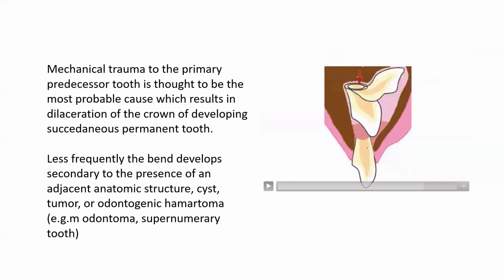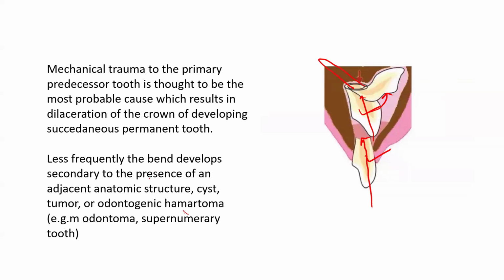So again, summarizing, you have your primary predecessor tooth, you have your permanent succedaneous tooth. There is an impact towards the primary predecessor tooth which is passed on towards the succedaneous tooth. This causes it to displace in an upward direction within its follicle, leading to the remainder of the root to come in a normal position which is at a wrong angle to the succedaneous tooth.